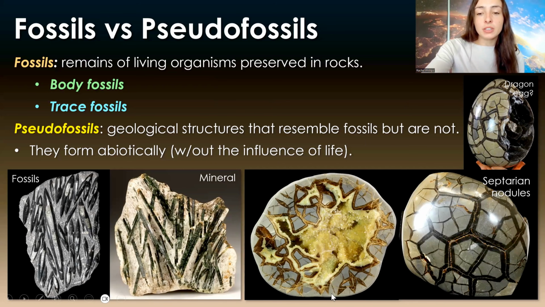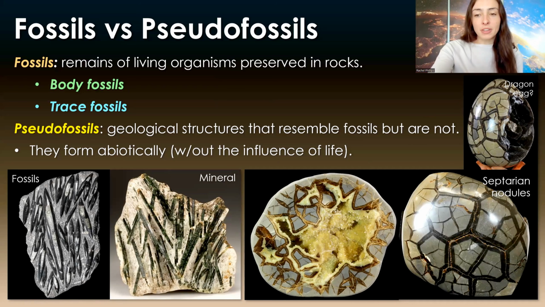And then also here's an example to the right of what are called septarian nodules, which are abiotically formed nodules or concretions of aragonite crystals, which are just calcium carbonate minerals. And these we can see over here resemble egg fossils and have often been nicknamed dragon eggs when they're being sold at rock and mineral shows.